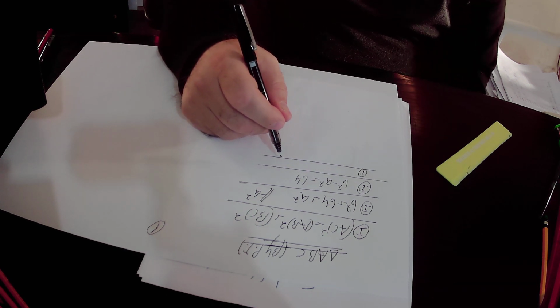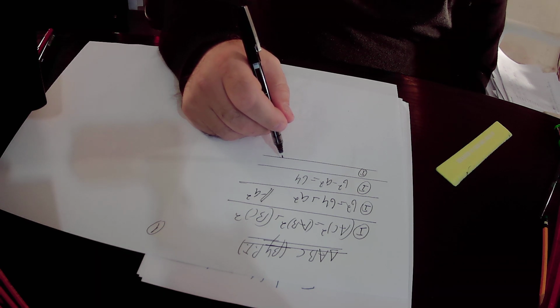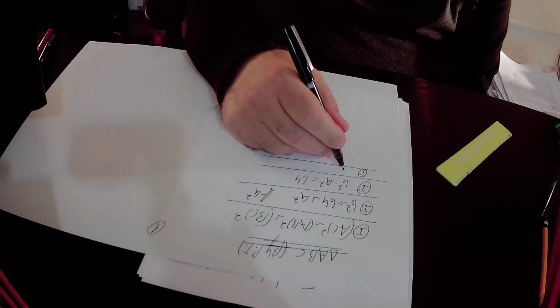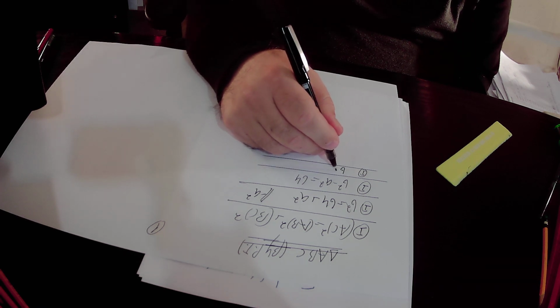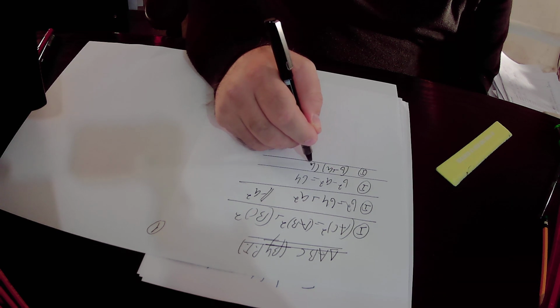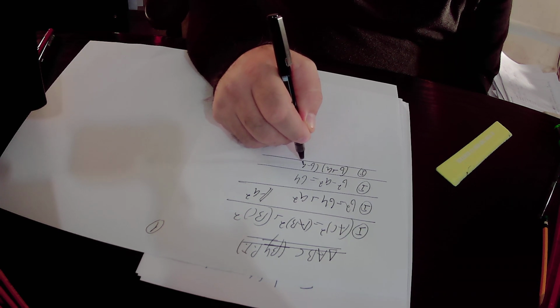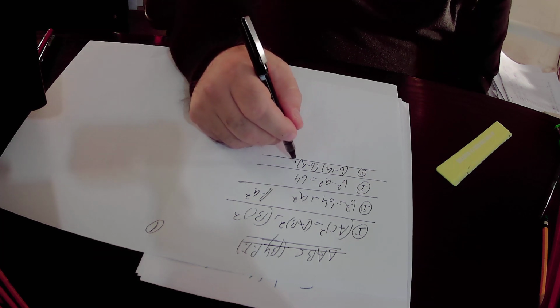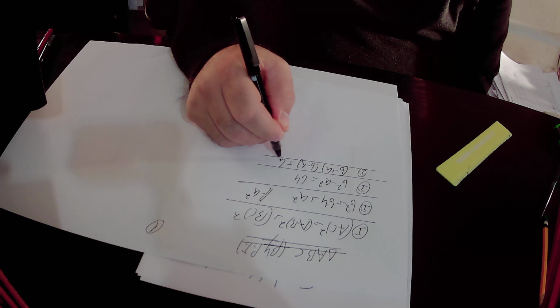Here we will use the algebraic identity that b squared minus a squared equals b plus a times b minus a, so we substituted b squared minus a squared by b plus a times b minus a, and according to equation number 1, it is equal to 64.